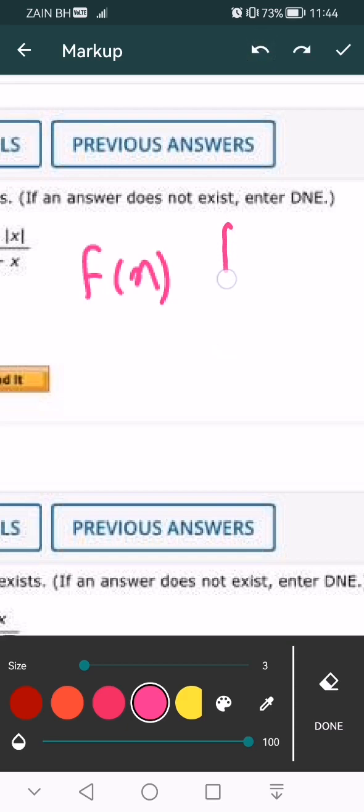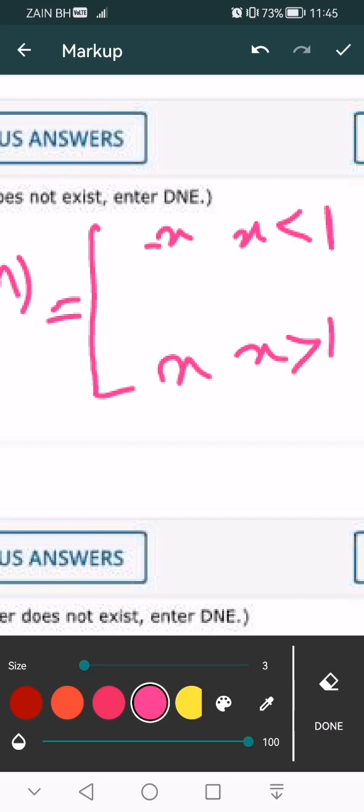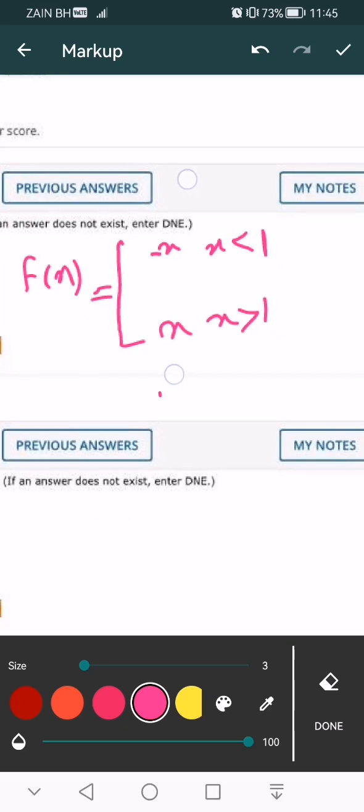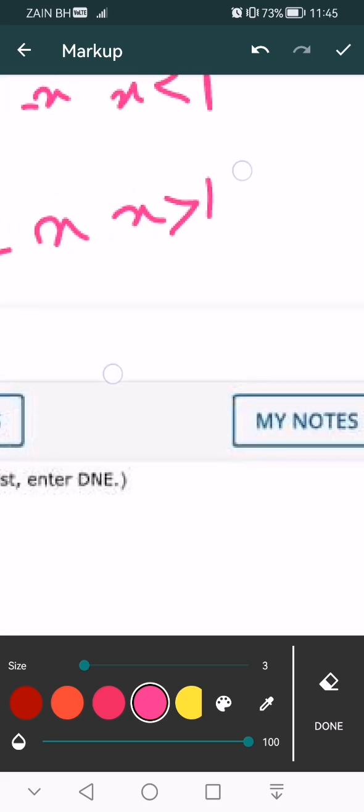Similar to a piecewise function, there are two functions: minus x if x is less than 0, and x if x is greater than 0. So I have the positive values and the negative values depending on this.